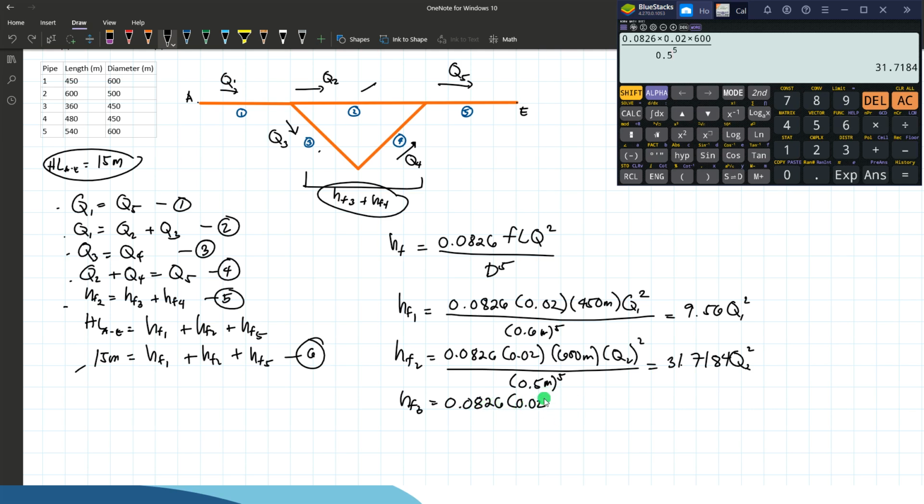Then for pipe number 3, 0.02, length 360, Q3 squared over 450. Okay, 360, that gives 32.229.